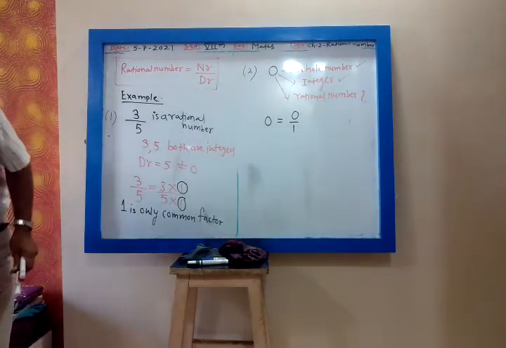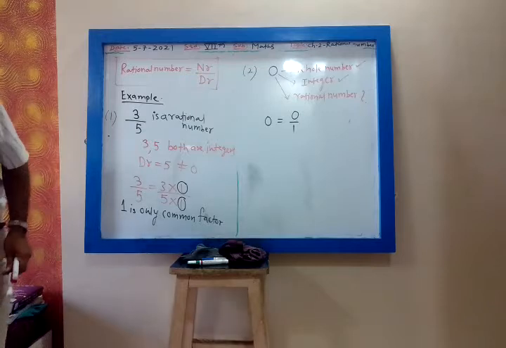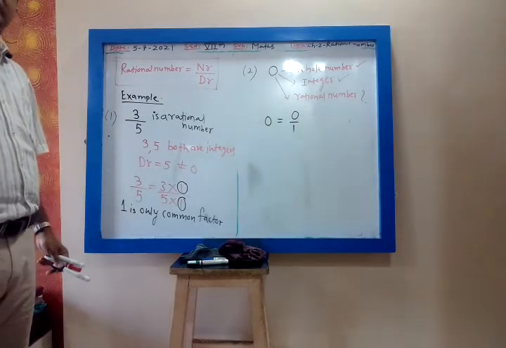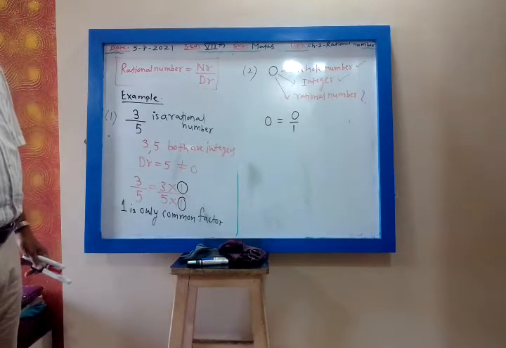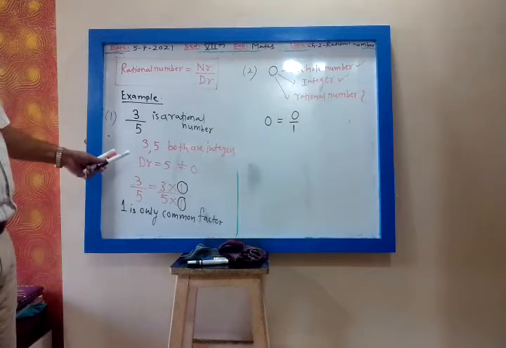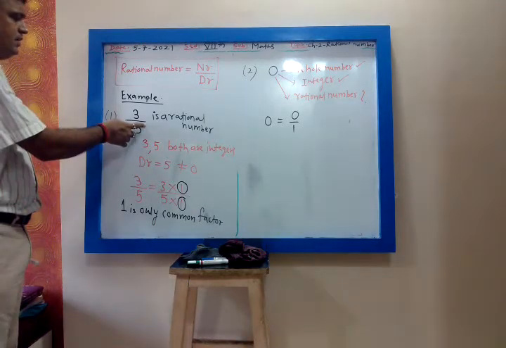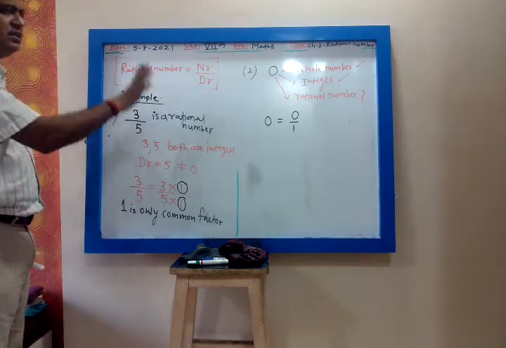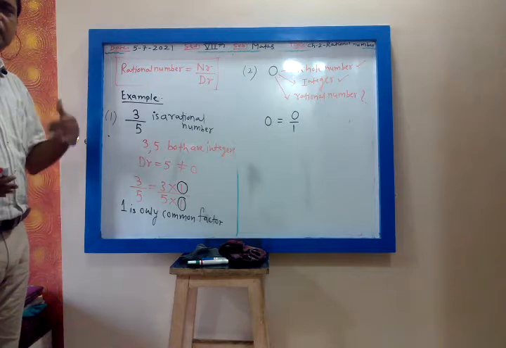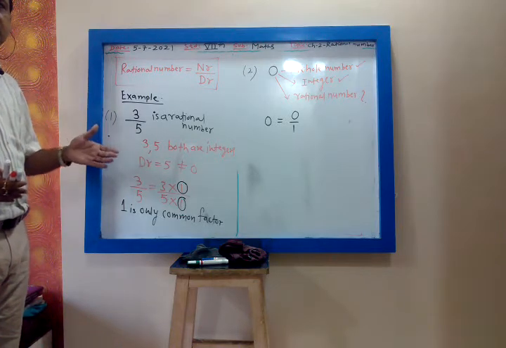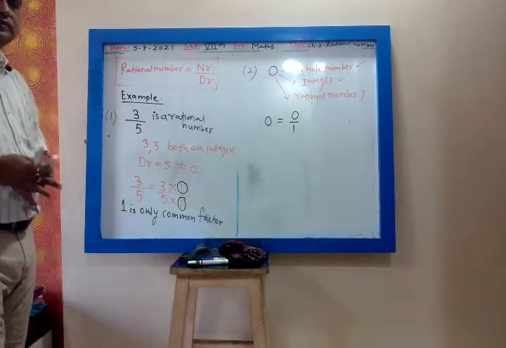You have to check whether the denominator is non-zero or not. You are not interested in the numerator. So what is my denominator? Denominator is 5 and this 5 is not 0.